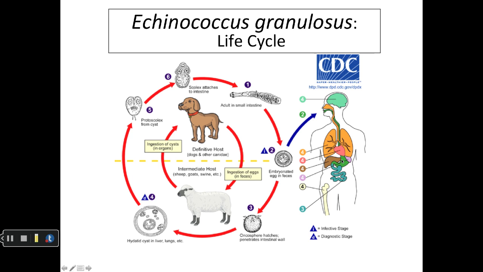Humans, as you can see over here on the right-hand side, become accidental hosts because of their close association with dogs. If they accidentally swallow these eggs, they will hatch, and the same thing occurs in the human as we described over here in the sheep. So the oncosphere embryo hatches out of the egg and gets picked up.